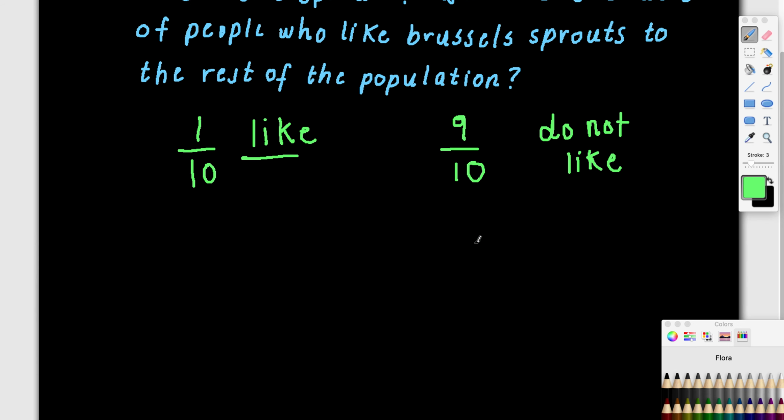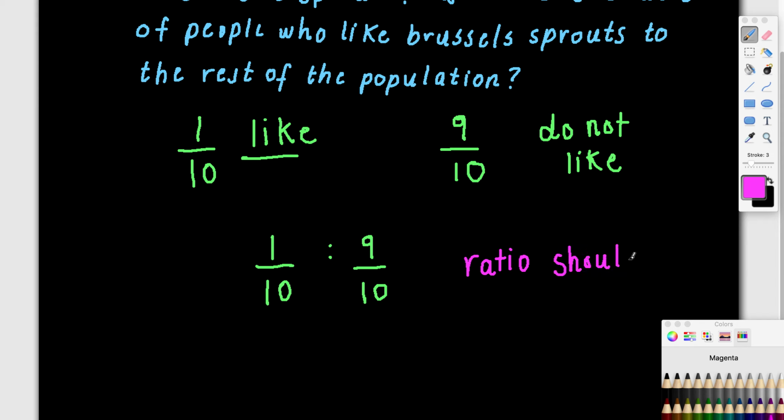And so therefore we have a ratio that looks like this, 1/10 to 9/10. Now we don't want to leave it like that. We want our ratio to have whole numbers. So if you want to make a note, ratios should contain whole numbers.